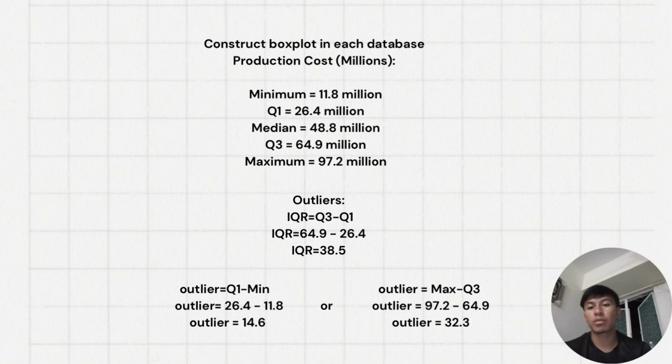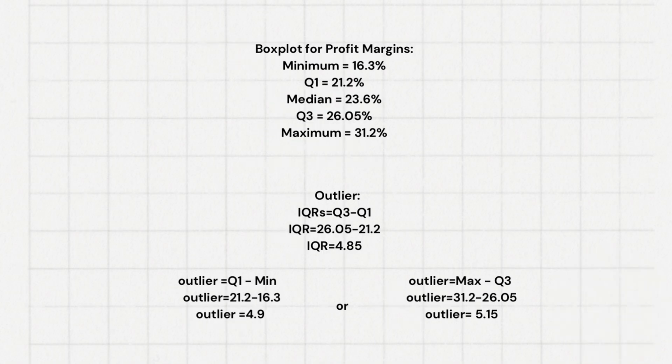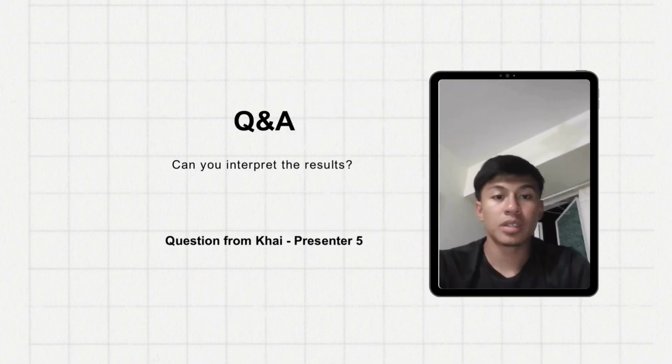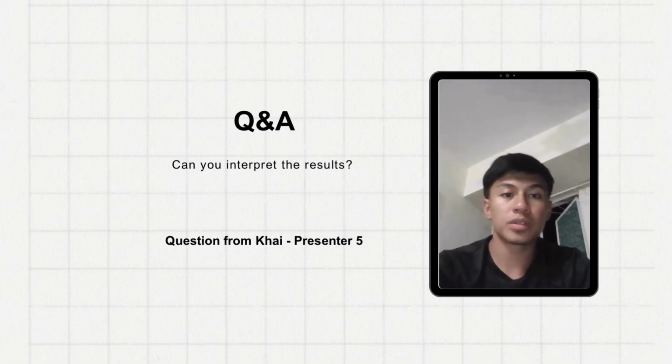The same formula, IQR equals Q3 minus Q1, applies for profit margins. That is the answer from the percentiles and box plots.